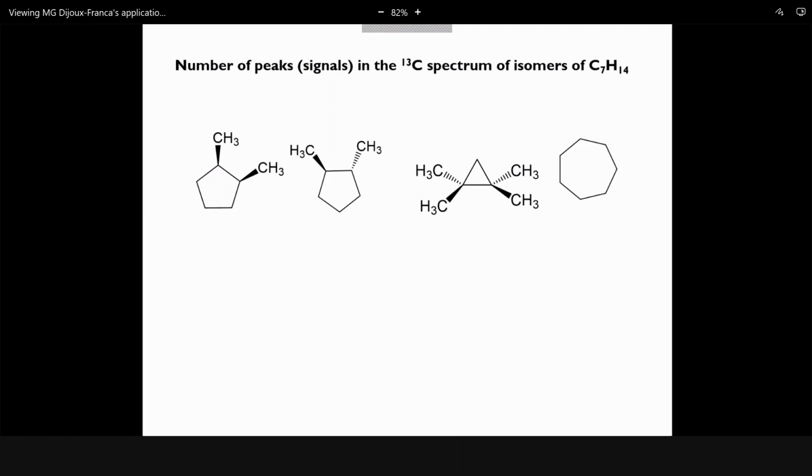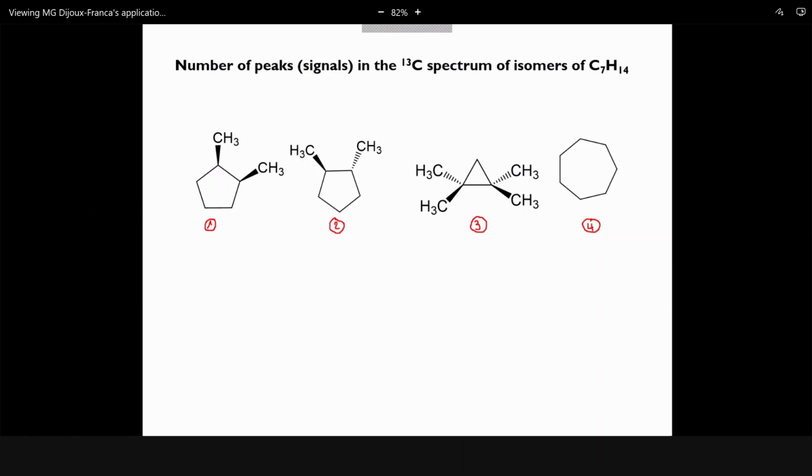First molecule. How many different chemical shifts does that mean? Do you see a symmetry in this molecule? Yes.